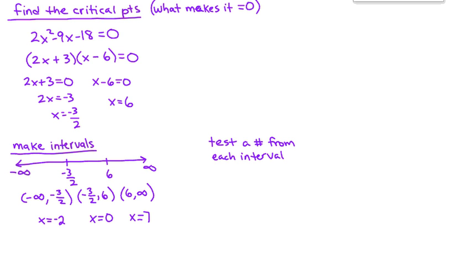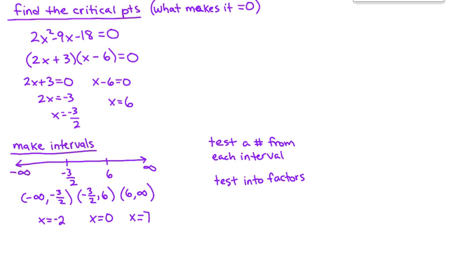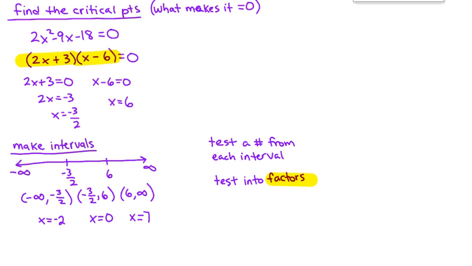Where do we test it? We test into the factors that we previously found. So let's go back and see where those are. We're looking for the factors. These are the factors. Okay, so we're going to take -2.